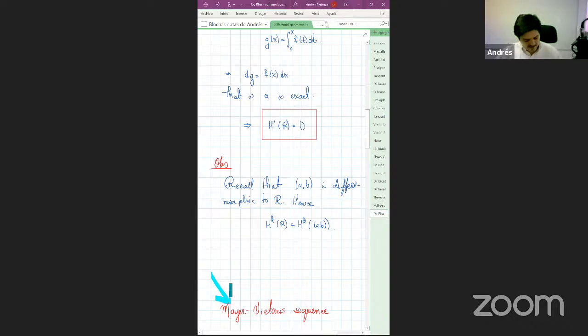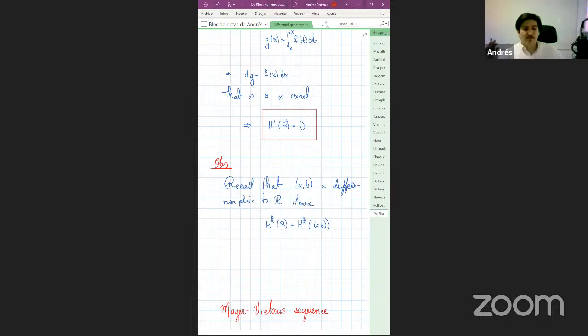Okay, now before moving on, in order to apply the Mayer-Vietoris sequence, we need to know the cohomology of a few spaces. And based on that, we can compute the cohomology of more and more spaces. So far, we have only computed the cohomology of the reals. And from that, we're going to build more and more examples.